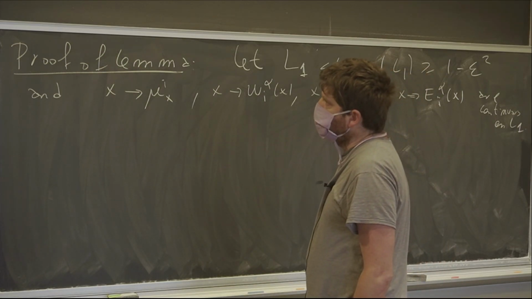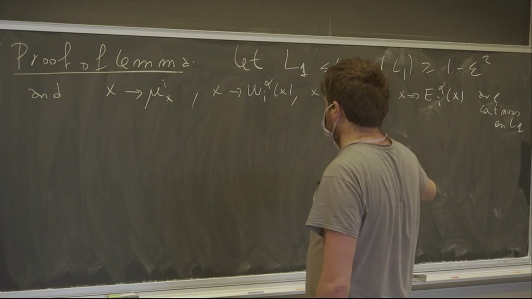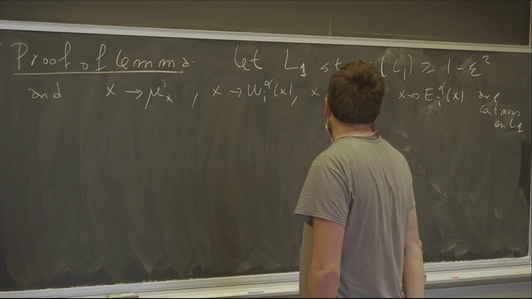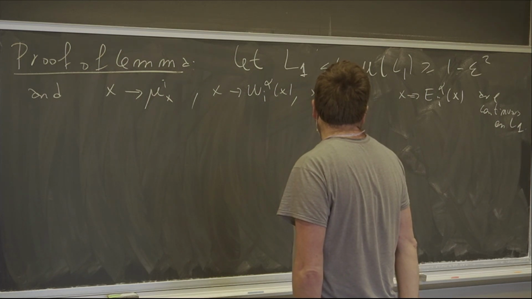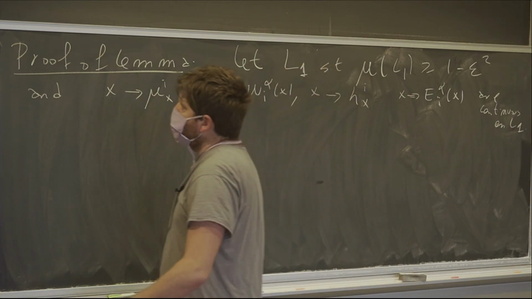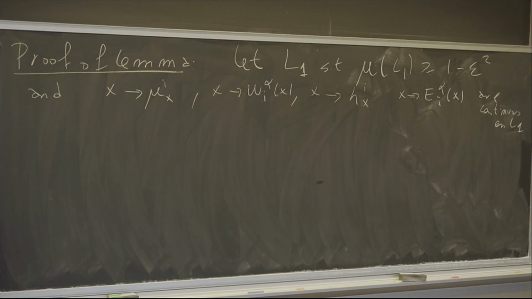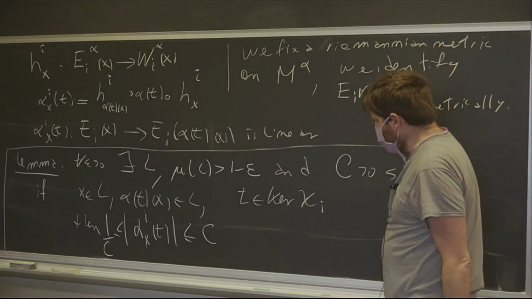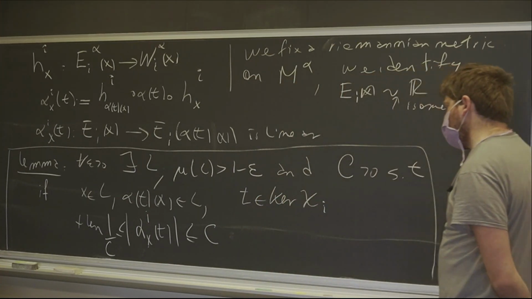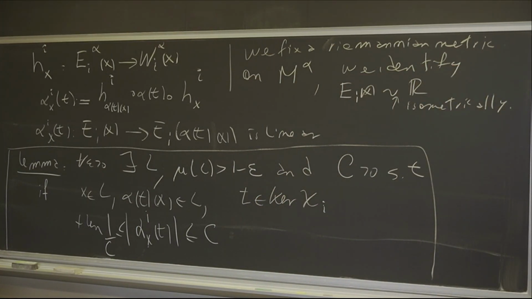So this guarantees me all continuity properties of these guys. As I said, I'm making this identification, so I'm using this Riemannian metric to make this computation. Okay, so we are good now.